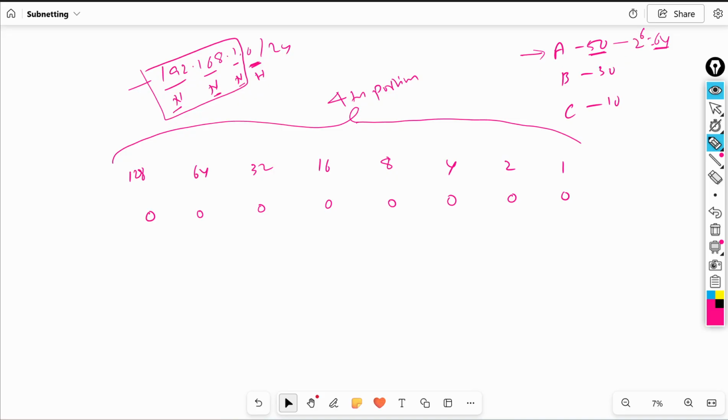So we need to count from right side to left side. How many bits do we need to borrow? 6 bits. 1, 2, 3, 4, 5, 6. Just count 6 bits. Up to here are host bits. These are host bits. The remaining 2 are network bits.